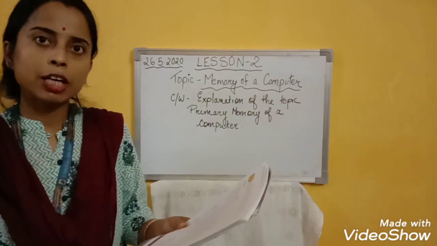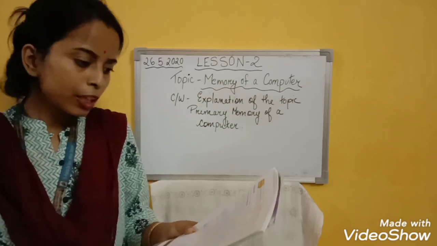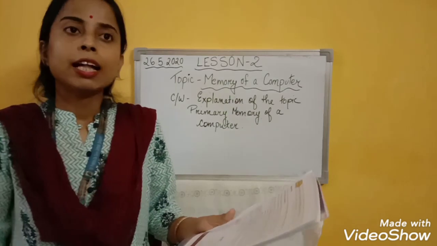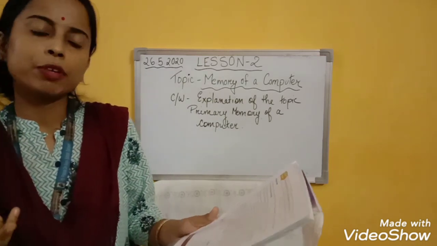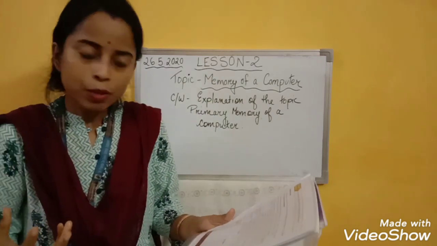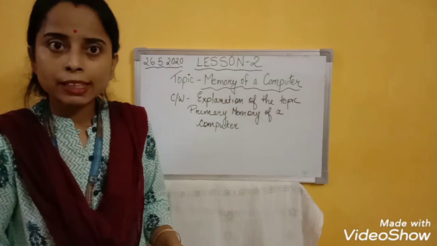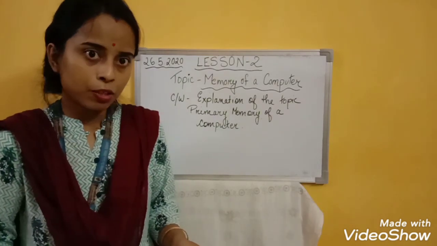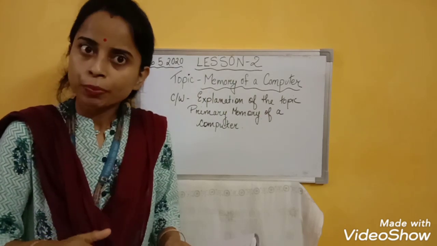There we learned about bit, byte, nibble, then word, and their meanings. Then we also learned higher units of storage: kilobyte, megabyte, gigabyte, terabyte and petabyte. I hope you have learned.